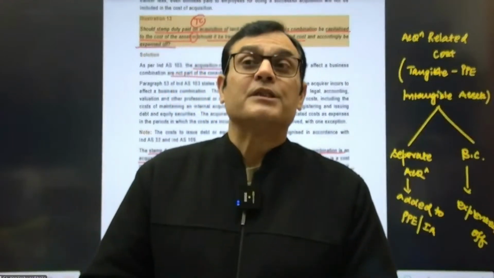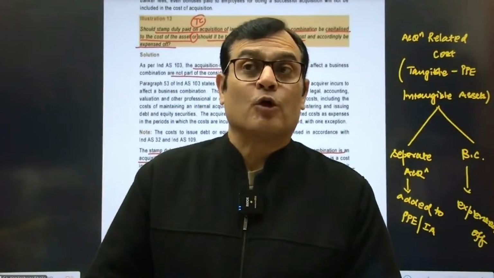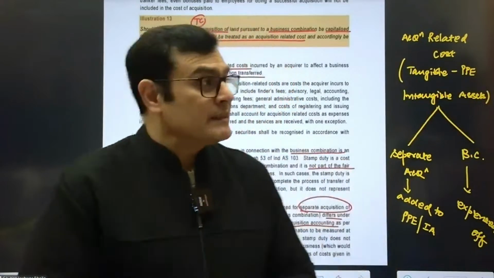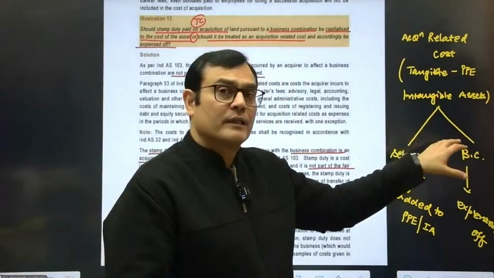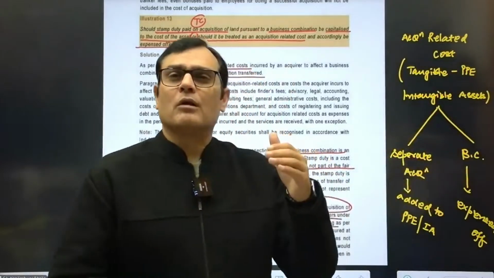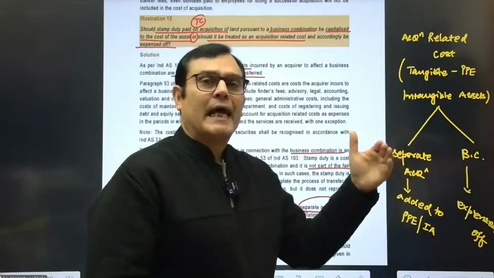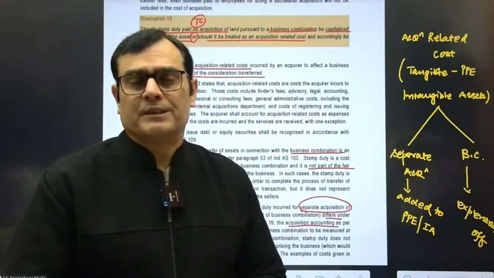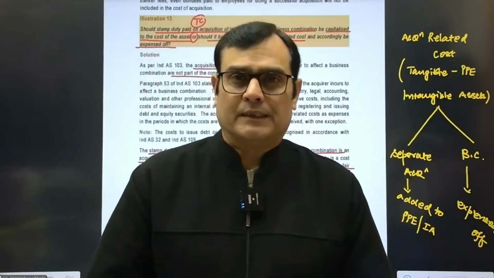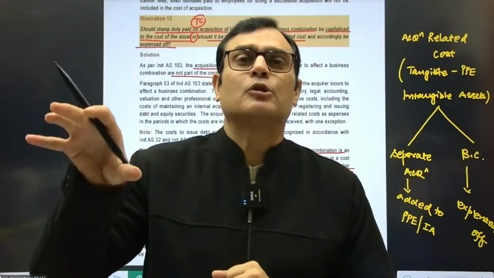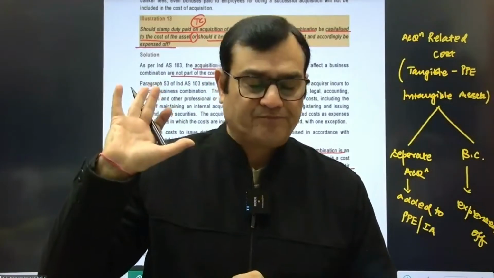And in those particular cases, if you capitalize the transaction cost, you will overstate the assets more than the fair value. So since in this case the assets are recorded at fair value, capitalization would not make sense. And in the other case, since the acquisition is taken at a historical cost basis, capitalization would still make sense. So the same cost is being treated differently under the two different standards.